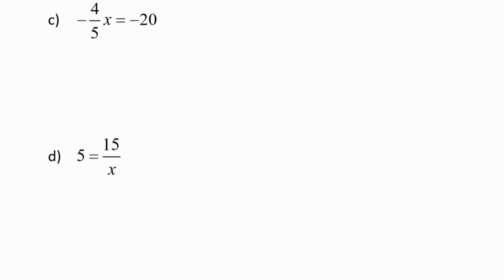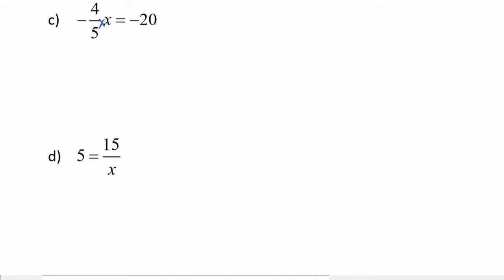Okay, look at letter C. It looks a little tricky, but it's not really tricky if you understand how to do this. Look at this. What's hiding in between the fraction and x? Right, multiplication is hiding.